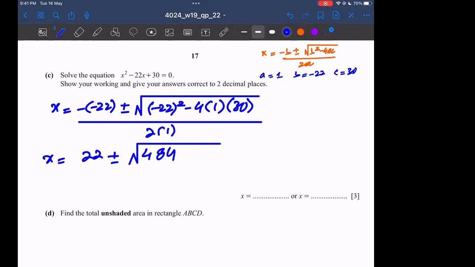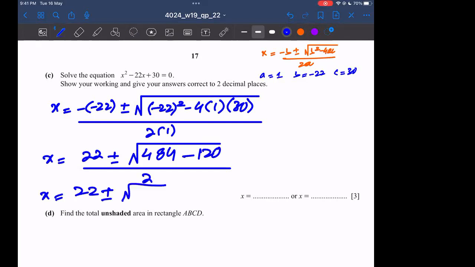Minus 22 square is 484. 4 into 30 is 120. And 2 ones are 2. So 484 minus 120 is going to be 364. So we have two values, 22 plus minus root 364 upon 2.